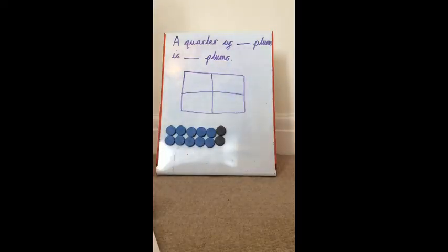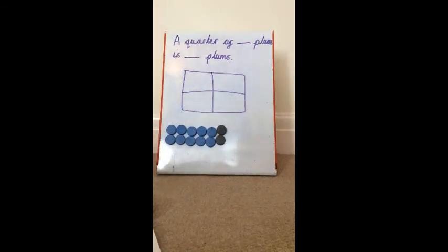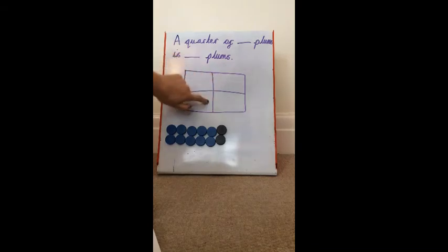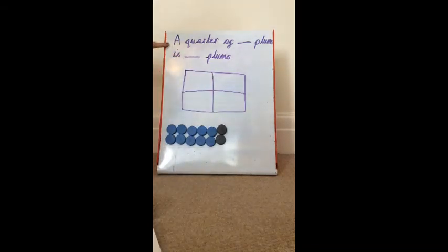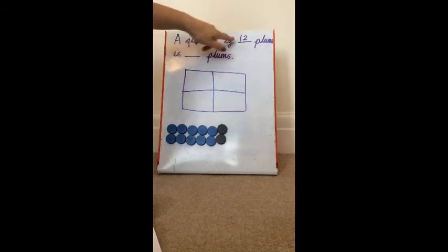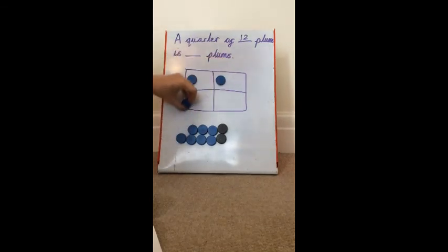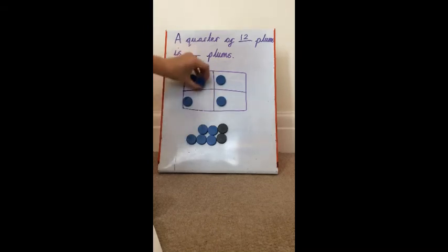So I counted the plums on the page and I found there were 2, 4, 6, 8, 10, 12 plums. And I've again drawn myself 4 boxes. So a quarter of, we now know it's 12 because that's the whole. A quarter of 12 plums is, well, let's find out. 1 for you, 1 for you, 1 for you, 1 for you.